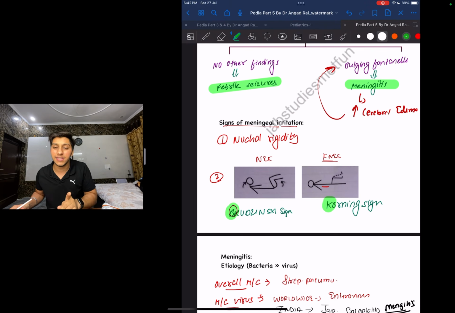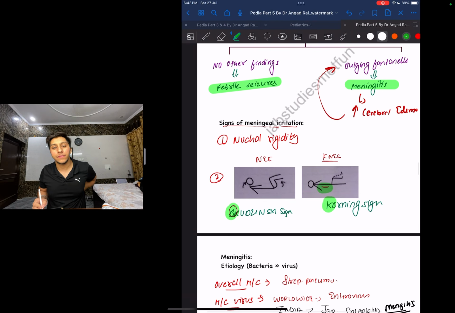B for Brudzinski, B for bend the neck: when we bend the neck, the knee gets flexed. That is Brudzinski sign. And K for Kernig sign, K for knee: when we flex the knee, there will be pain at the back. That is Kernig sign. Brudzinski sign is when we bend the neck, your knees will flex, and when you flex the knee, you will have low back pain. That is Kernig sign. Okay.